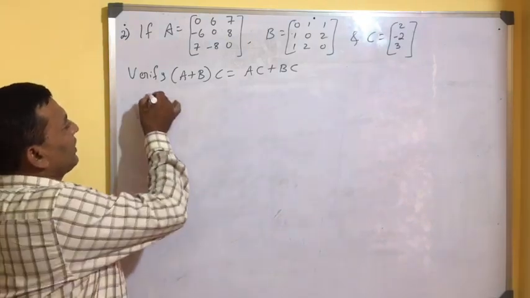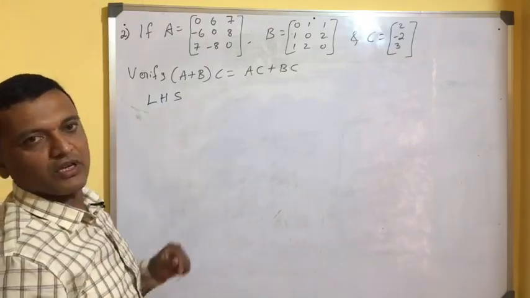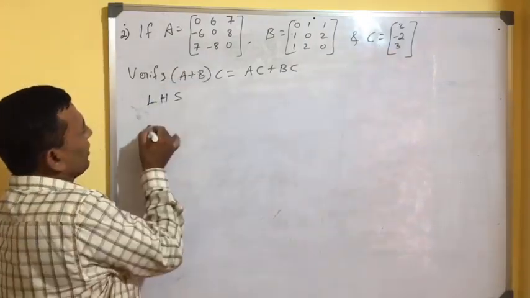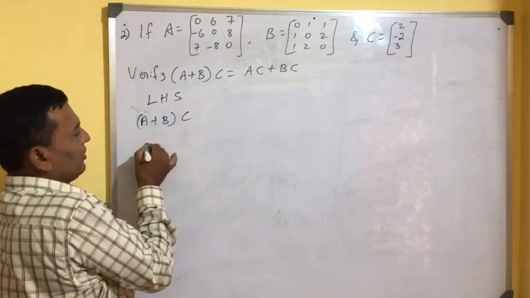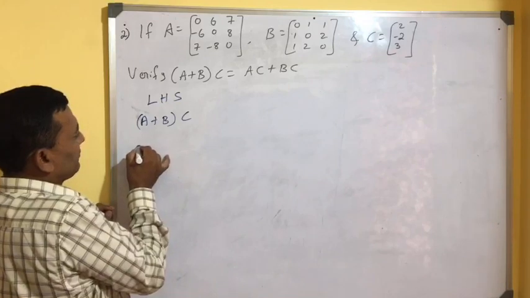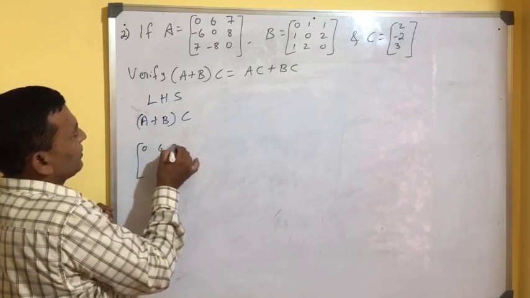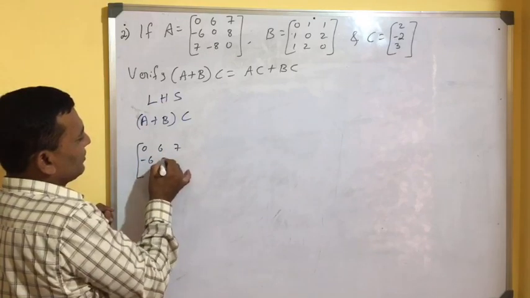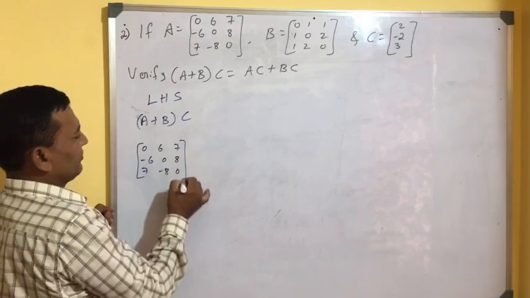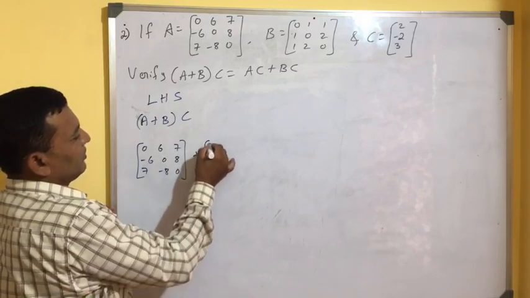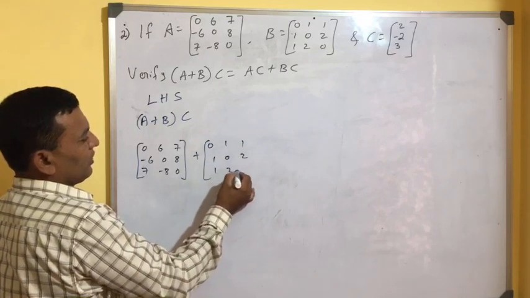Now first we will take LHS. If they ask you to calculate also, you will do the same thing and take LHS. Now first case, LHS is (A plus B) into C. First let us do A plus B. A plus B is [0 6 7; -6 0 8; 7 -8 0] plus [0 1 1; 1 0 2; 1 2 0].